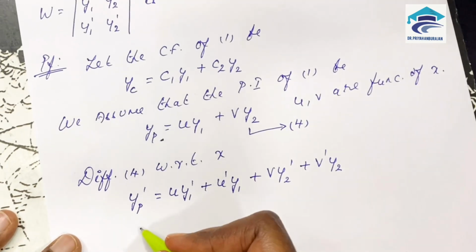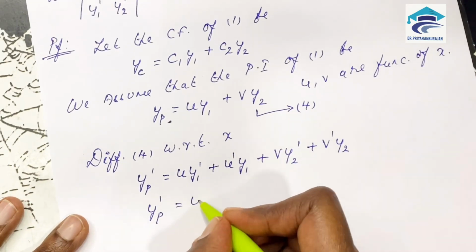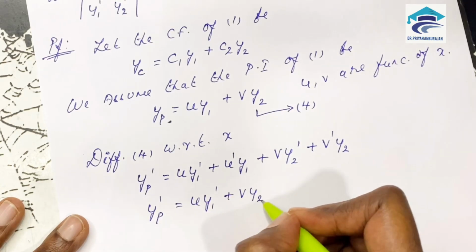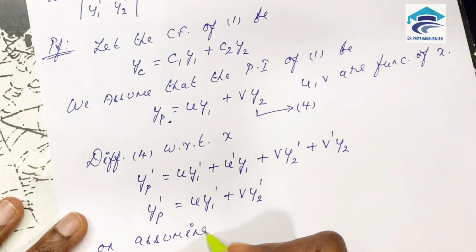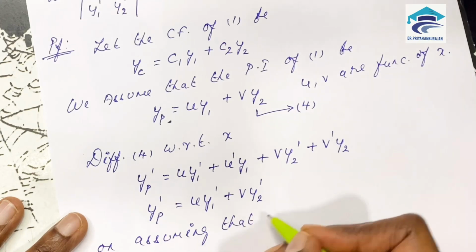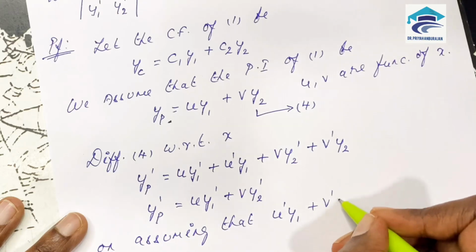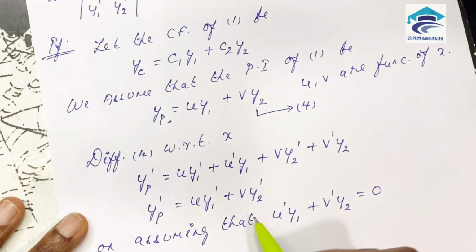What we are going to do here is, we are going to consider yp dash as u y1 dash plus v y2 dash. So on assuming, we are going to assume that u dash y1 plus v dash y2 is equal to 0.